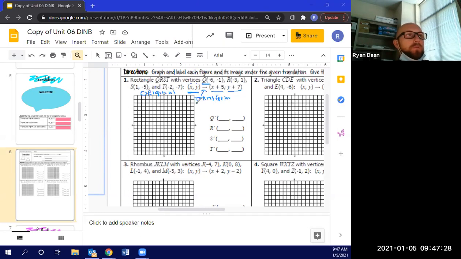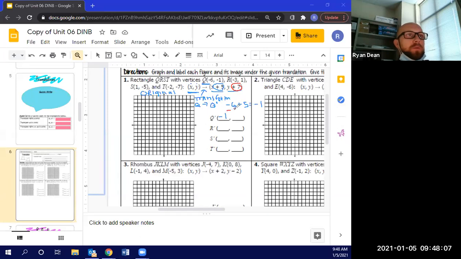So for Q to go to Q prime, we're taking -6 and adding +5. -6 plus 5 gives me -1, and that's for the Q prime. Now for the Y value, I'm doing something different. For the Y value, I'm adding 7.